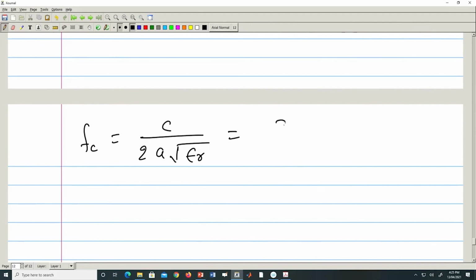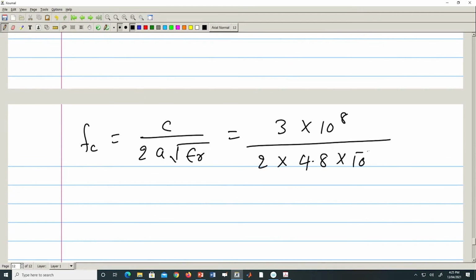So, it will be 3 into 10 to the power 8 divided by 2 into 4.8 into 10 to the power minus 2 into the square root of 2.11. So, this will come to 2.151 gigahertz. This is the value of f c.